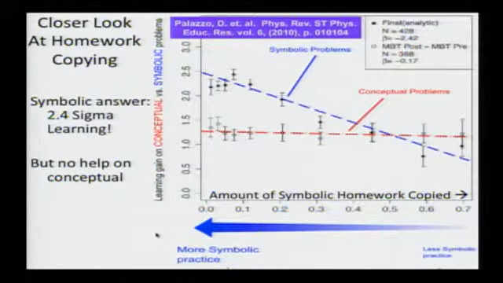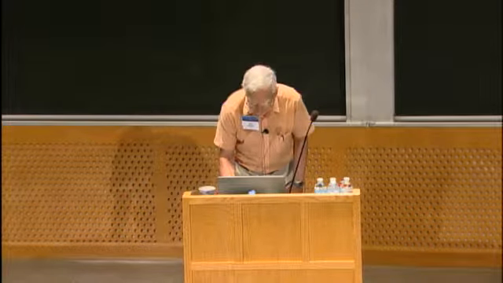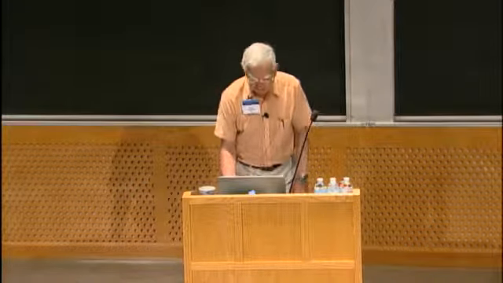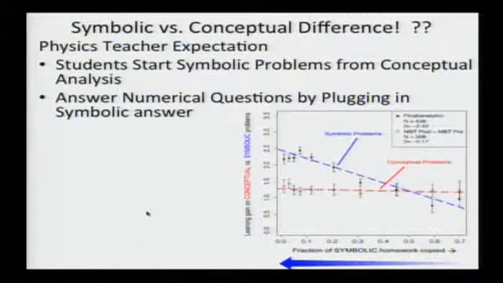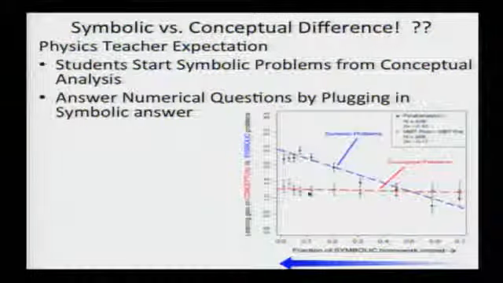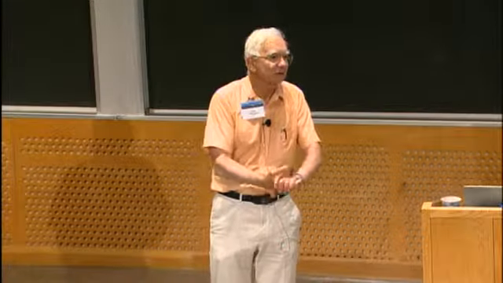But now, here's the problem. As a physics teacher, we have expectations. The students start symbolic problems by conceptual reasoning, right? You figure out what physics principles apply, and then you write down the equations. Now, this conceptual test here, this orange fit, had about 40% numerical questions on it. Physics problems like, you hold the swing up here and let it go, how fast is it going at the bottom?